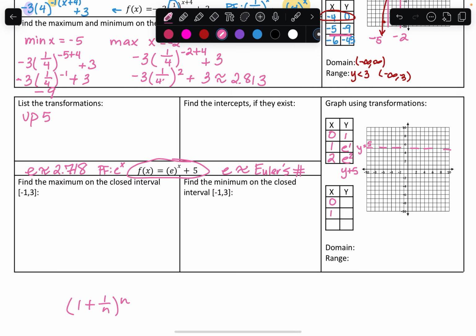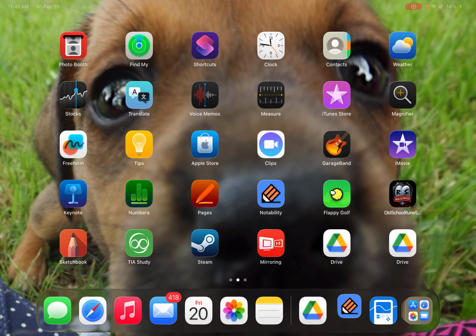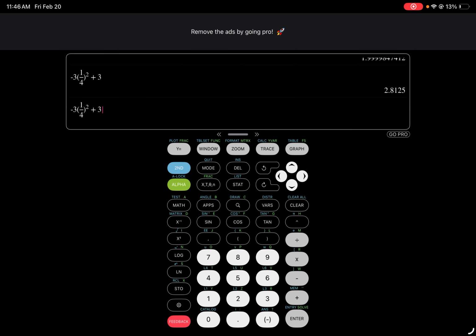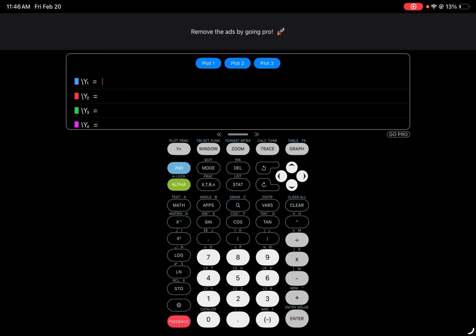So 0, 1, and 2 stay the same. And we're going to approximate these values using our calculator. So here, y equals, to get the e on your calculator, it'll be the second button, and then ln down here right below log, e to the x plus 5.